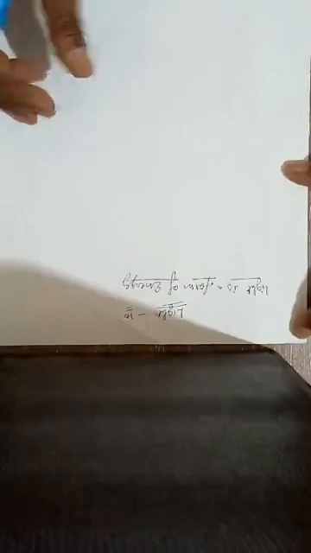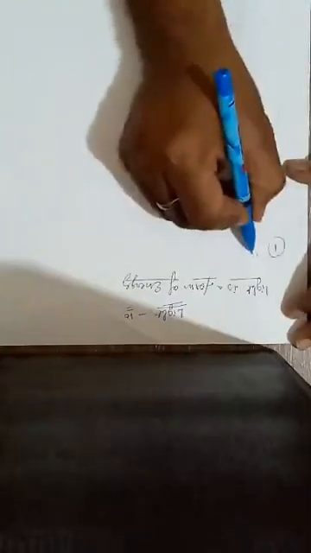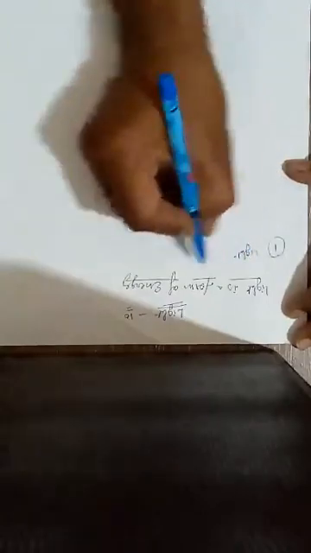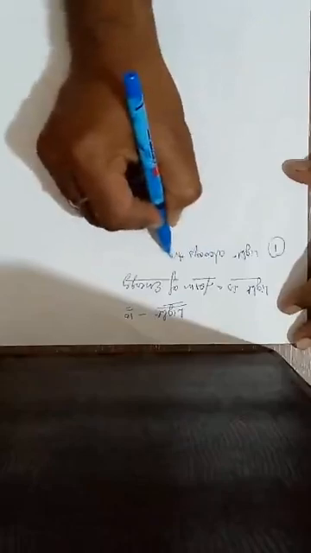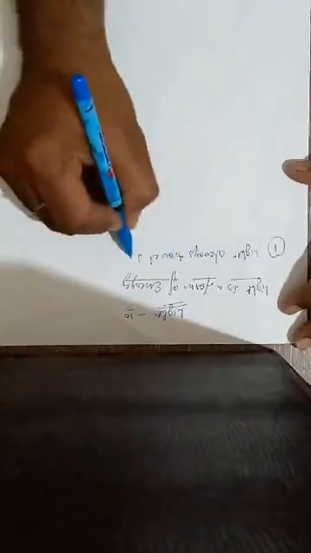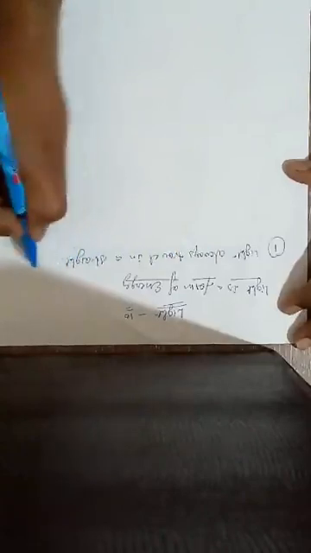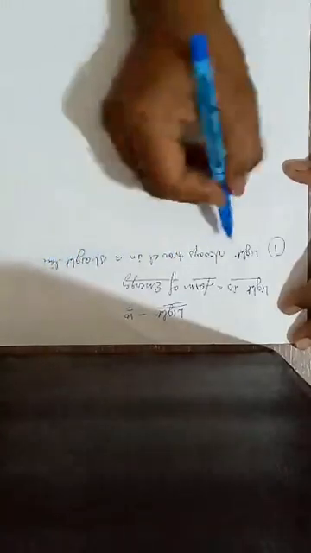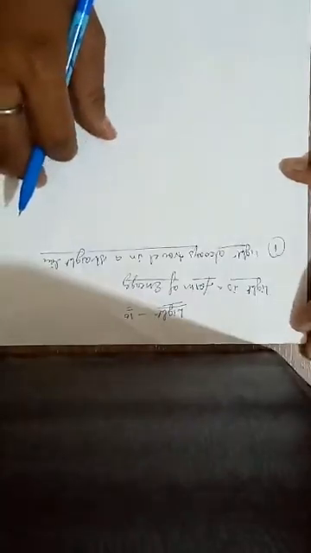So coming to the basic things, number one, light always travels in a straight line. That is what we already know about light.